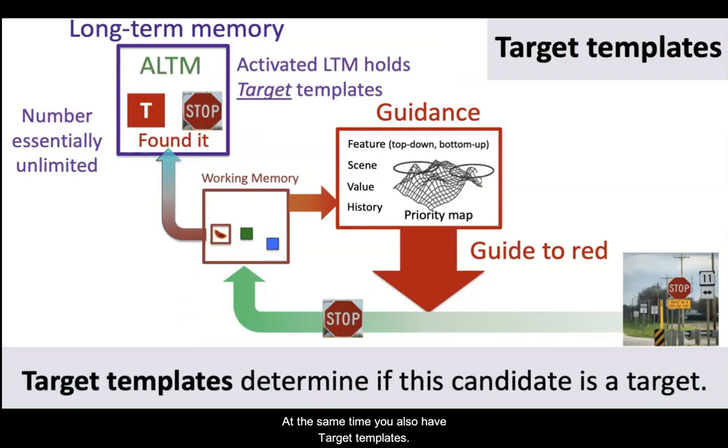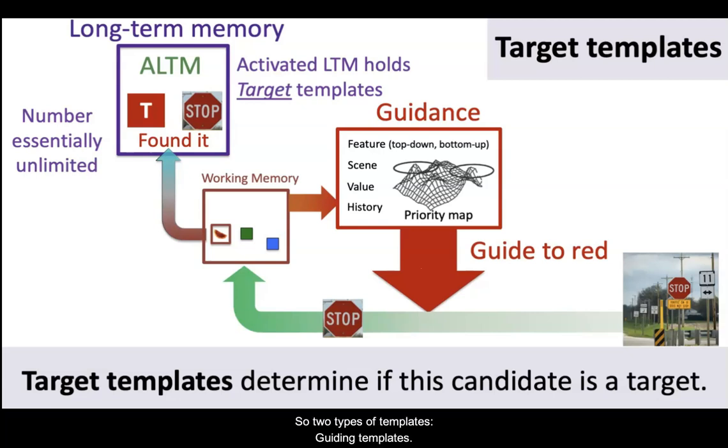At the same time, you also have target templates. Once you guide your attention to red, you need to figure out whether the red thing you guided to is your target. And those target templates, in an essentially unlimited number of them, live in some version of long-term memory. We refer to activated long-term memory, borrowing Nelson Cowan's terminology, the long-term memory that is relevant for your current task.